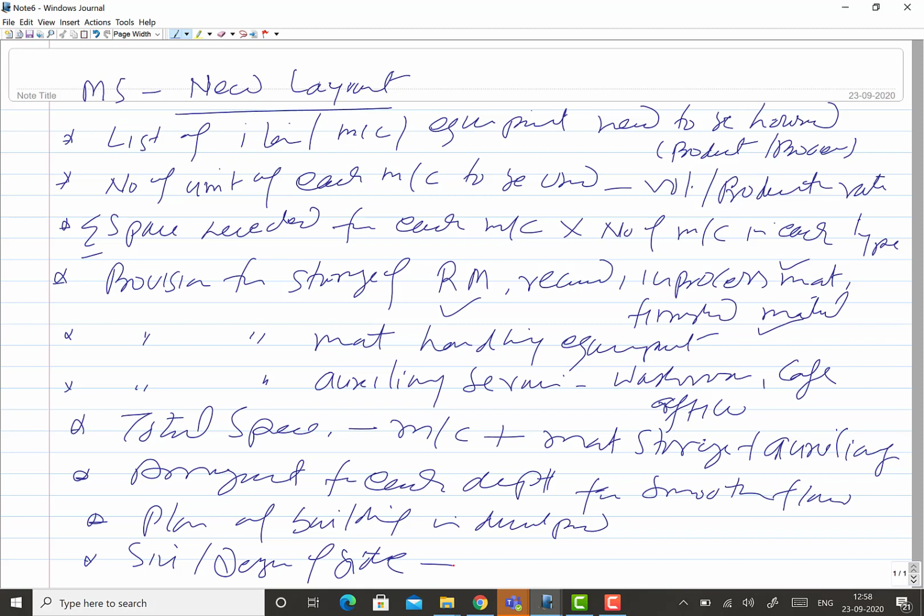Apart from the above space required, it will also consider the space for parking, space for receiving or shipping or dispatching of the material, and landscaping as per the opportunities, the possibilities, etc.